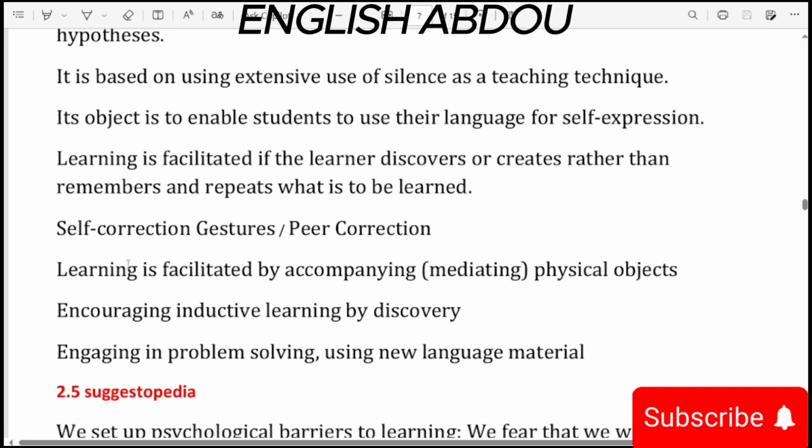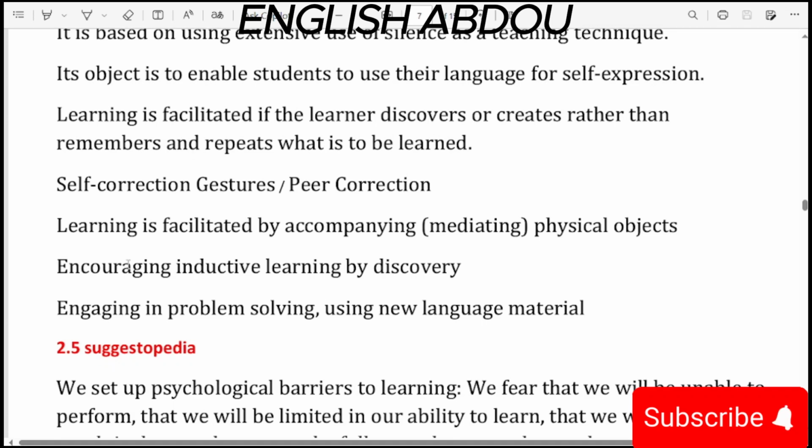Learning is facilitated by accompanying mediating physical objects in general, like realia. For example, a teacher who wants to teach the components of a house will bring bricks, or a small house as an object, and they can arrange it and name it, encouraging inductive learning by discovery.